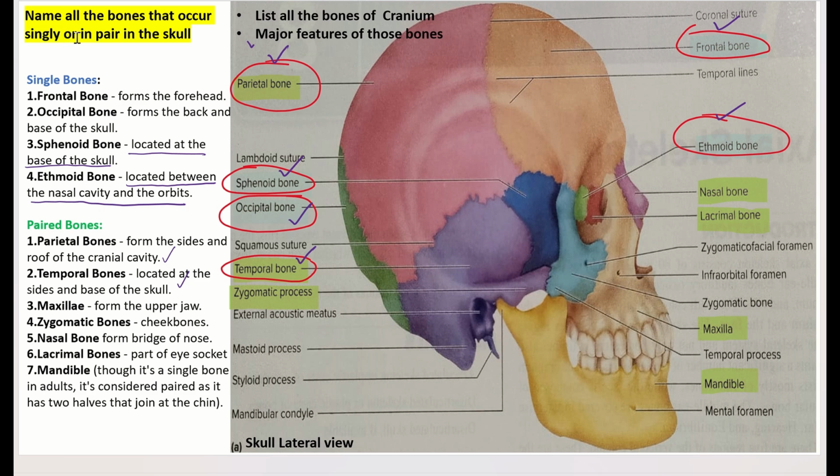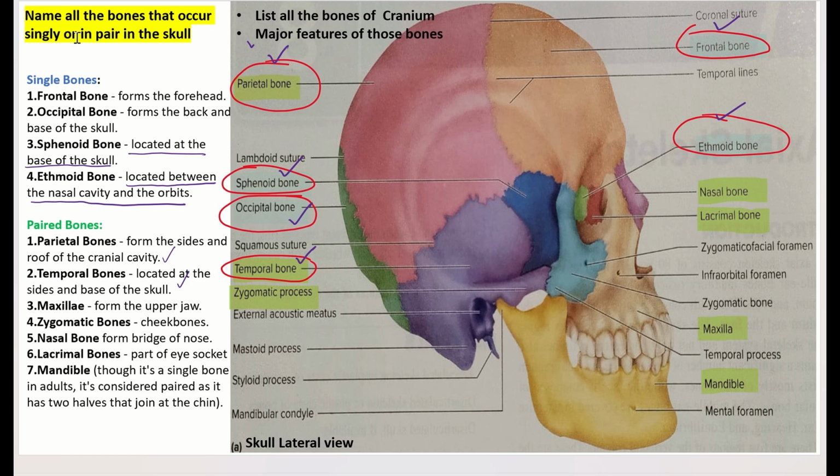Some of these bones exist singly while others exist in pairs. The frontal bone, occipital bone, sphenoid bone, and ethmoid bone exist singly, and the parietal bone and the temporal bone of the cranium exist in pairs.